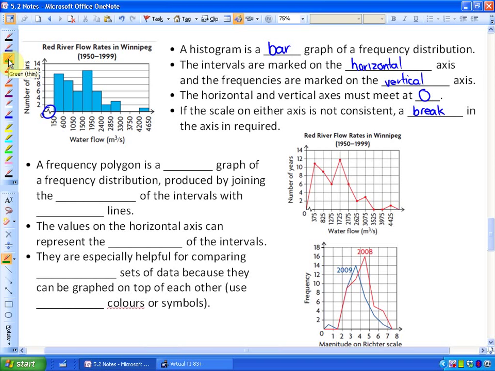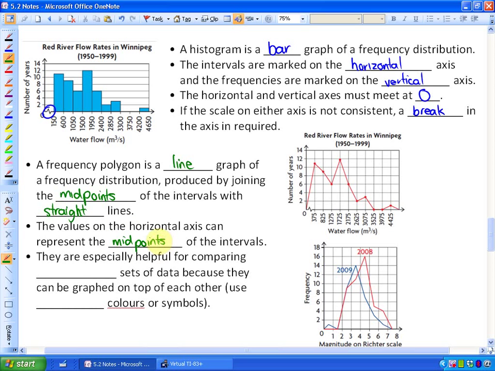The last key idea here is a frequency polygon is a line graph of a frequency distribution produced by joining the midpoints of the intervals with straight lines. The values on the horizontal axis can represent the midpoints of the intervals, but they do not have to.